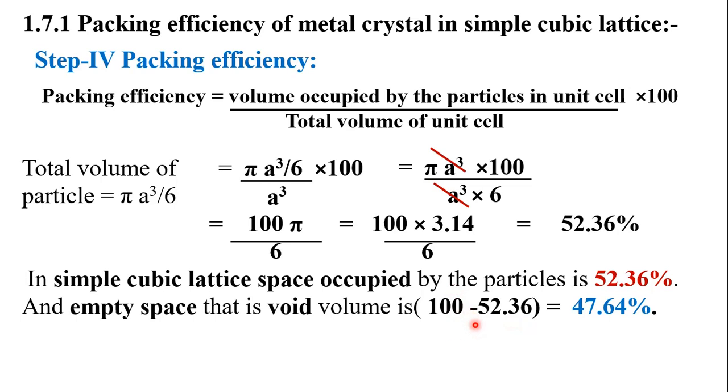So 100% minus 52.36%, that is equal to how much? 47.64% space is empty in simple cubic unit cell, whereas 52.36% space is occupied by the particle. Single particle in simple cubic unit cell occupies how much volume? 52.36.